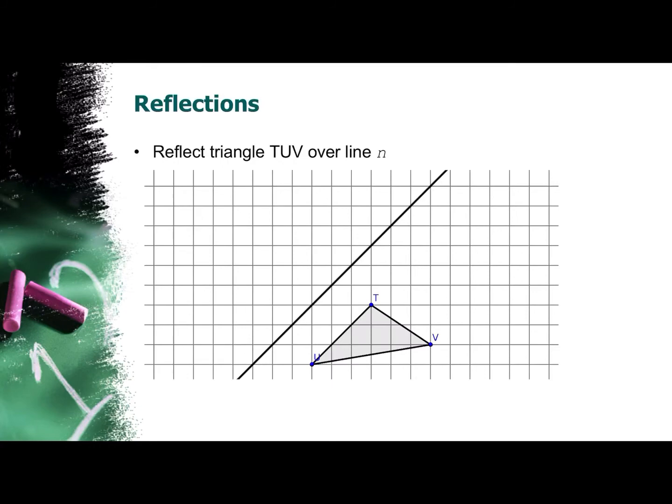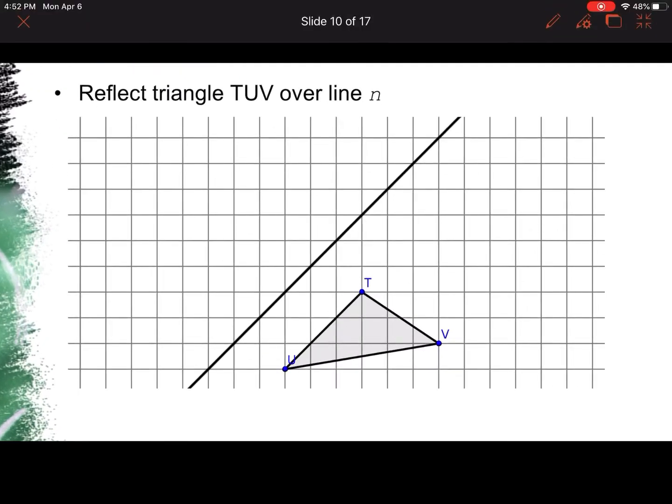Hopefully you did this one as well. This time it is a diagonal line. I should still be able to tell, since it's 1 here, I should be able to draw the perpendicular way. I'm going 1 whole diagonal and half a diagonal, so I go the same distance up here to get my T prime.